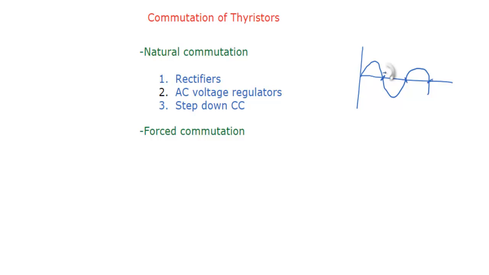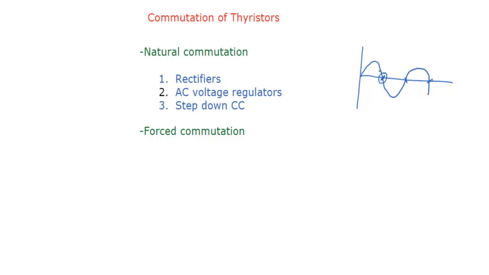As soon as the source current or source voltage comes to zero, at that time the thyristor current, nothing but the load current, because the load current is only flowing through the thyristor, will try to cross the zero axis at that point if the load is resistive. If it is an inductive load, then it will cross the zero after that point, but anyway that current has to come to zero.